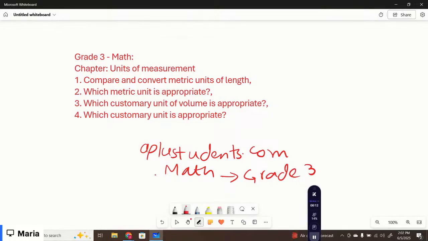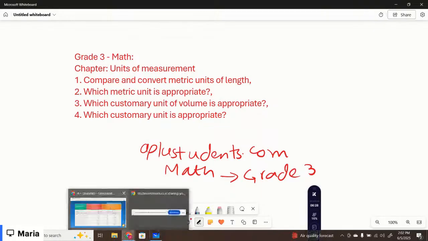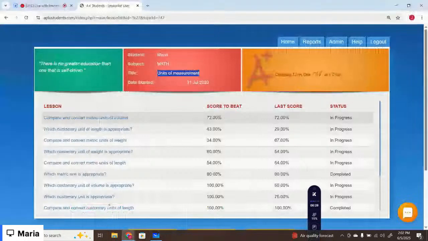So please make sure you have your notebook and pencil so that you can note down the important examples and definitions as well. The math chapter we are on right now is unit of measurement.